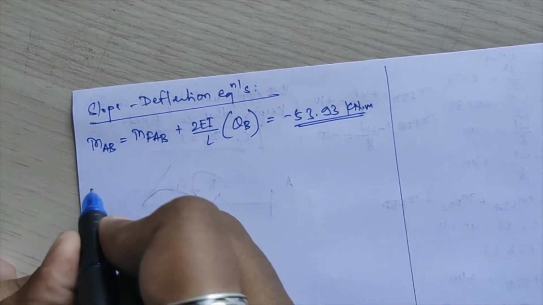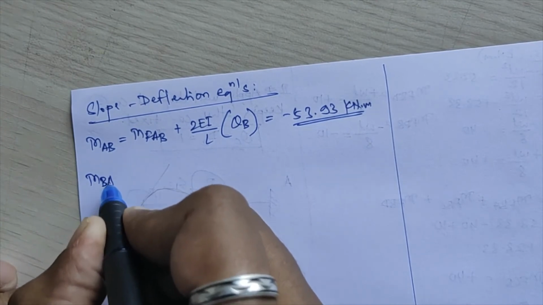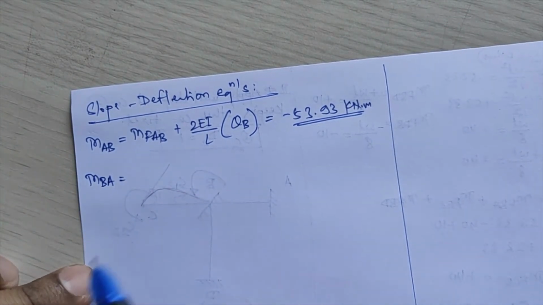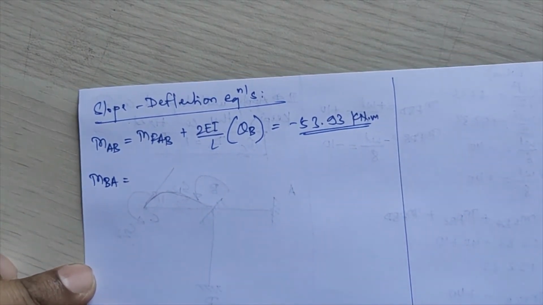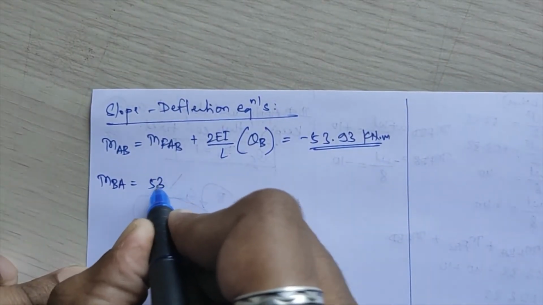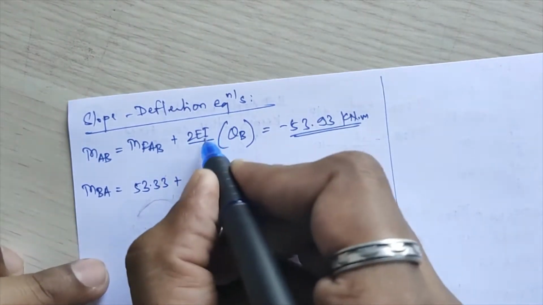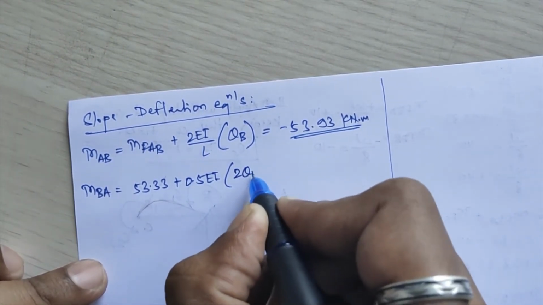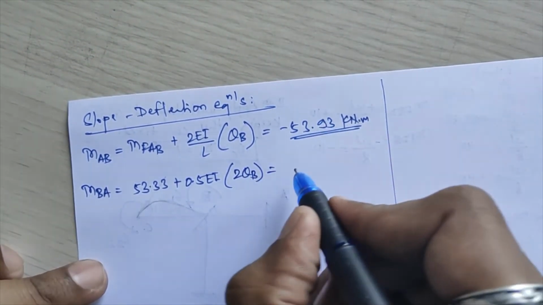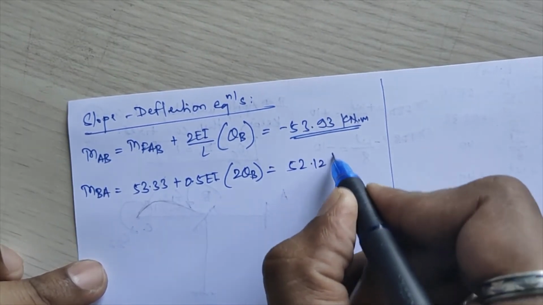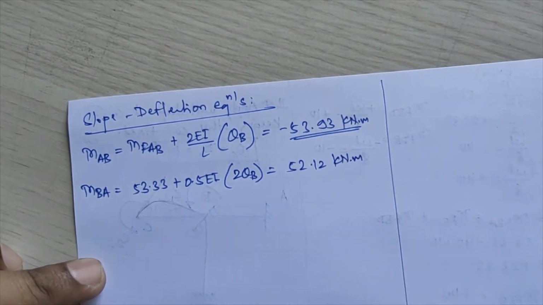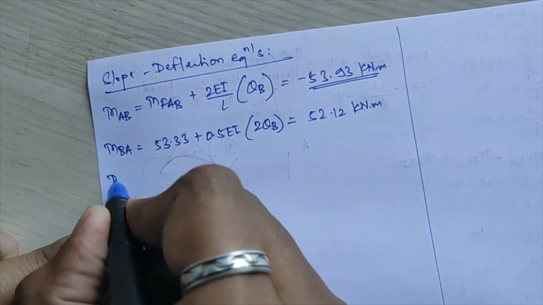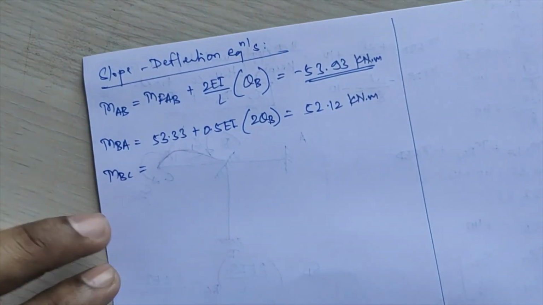Okay, same way if I calculate MBA, that will be your MFBA, that is 53.33, okay, plus 2EI upon L, so that will become 0.5 of EI into bracket 2 times of theta B. I have got this as 52.12 kilonewton meter. Okay, next is your MBC. Now that is you have to switch for next member.